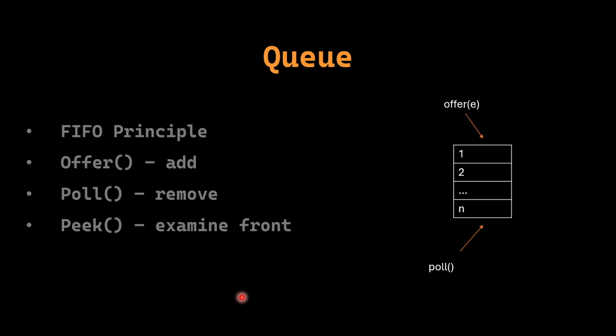The first person in line gets served first. The basic queue interface provides operations like offer to add elements, poll to remove elements, and peek to examine the front element without removing it.